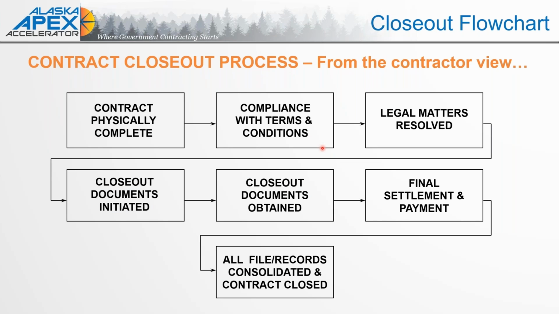All right, so let's talk about contract closeout real quick from the contractor point of view, because I've talked a lot about comparison and contrasting from agency to contractor. But just to recap, the contract is physically complete. We've met all of the compliance with terms and conditions, all legal matters are resolved, the closeout documents have been initiated and obtained, final settlement payment is made, and now we consolidate our records and are ready to pull all of that together.